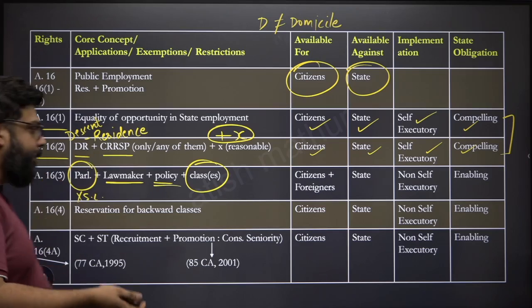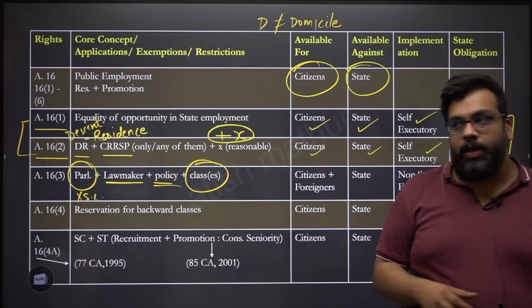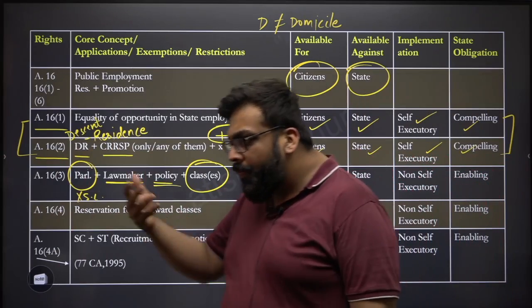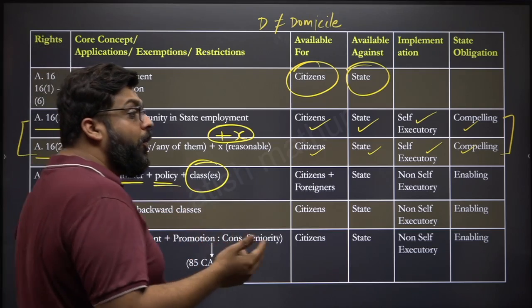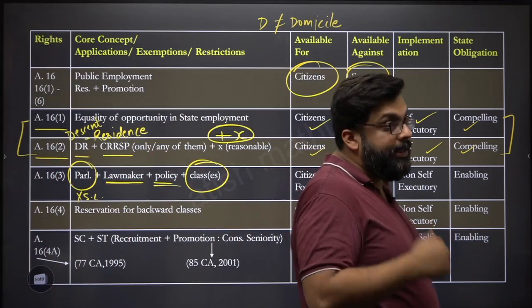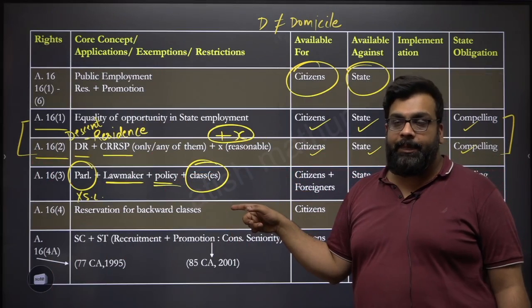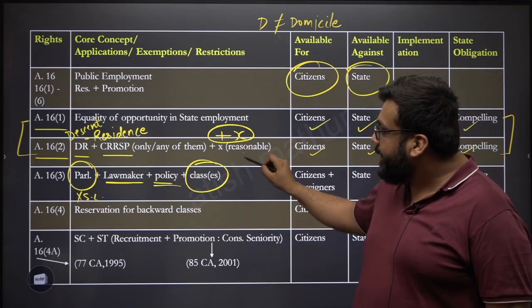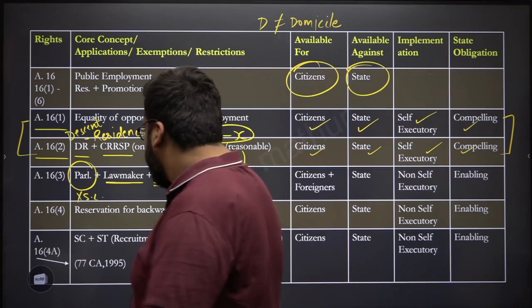So for example, for a long time we've had restrictions on women in combatant roles, or we've had some restrictions on domicile based on state employment. For all of that, it is the Parliament that gets the capacity to make laws, and that those classes have to be reasonable. Now, very interesting.